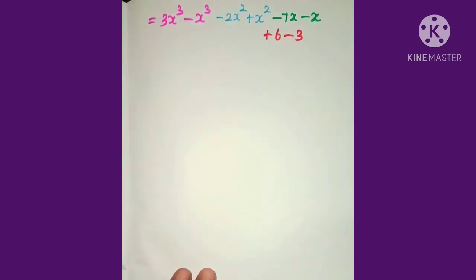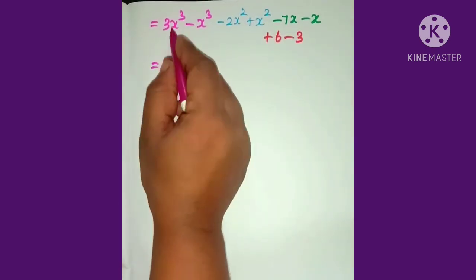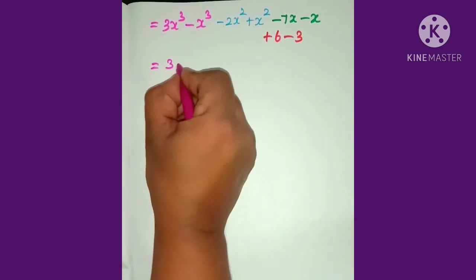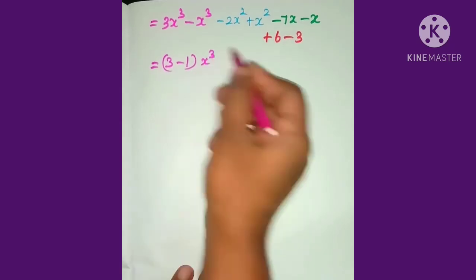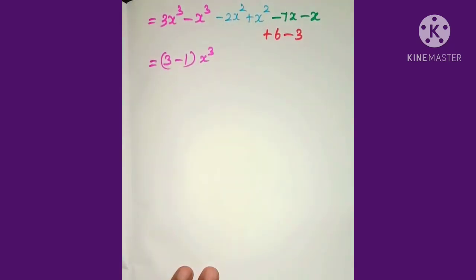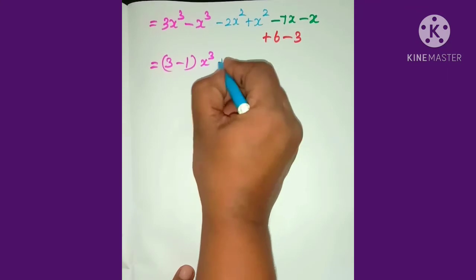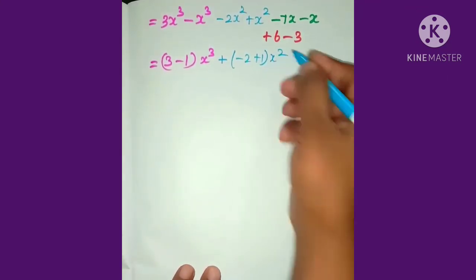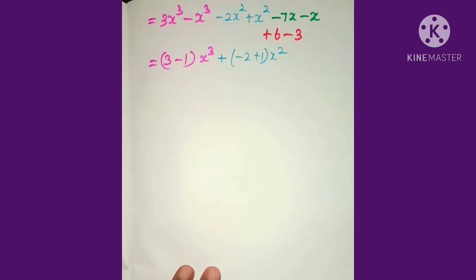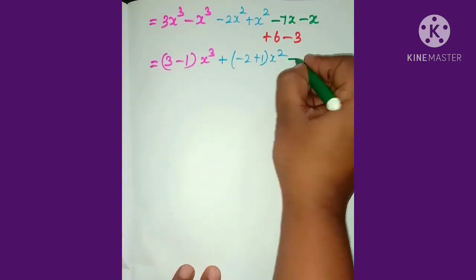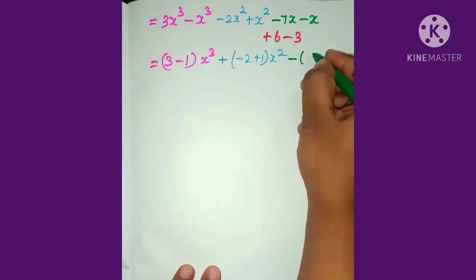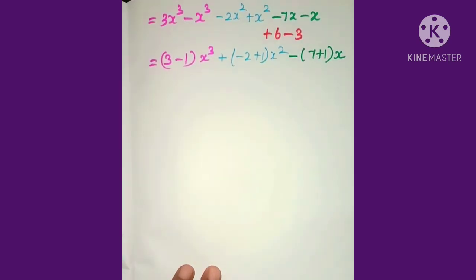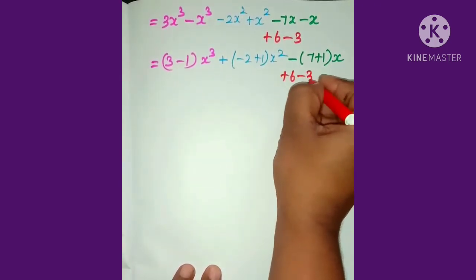Let us subtract the coefficients of x cube: 3 minus 1 x cube, and in the second one we can write minus 2 plus 1 into x square, and in the third one, put the minus sign outside, so it becomes minus 7 plus 1 x, and in the last one 6 minus 3.